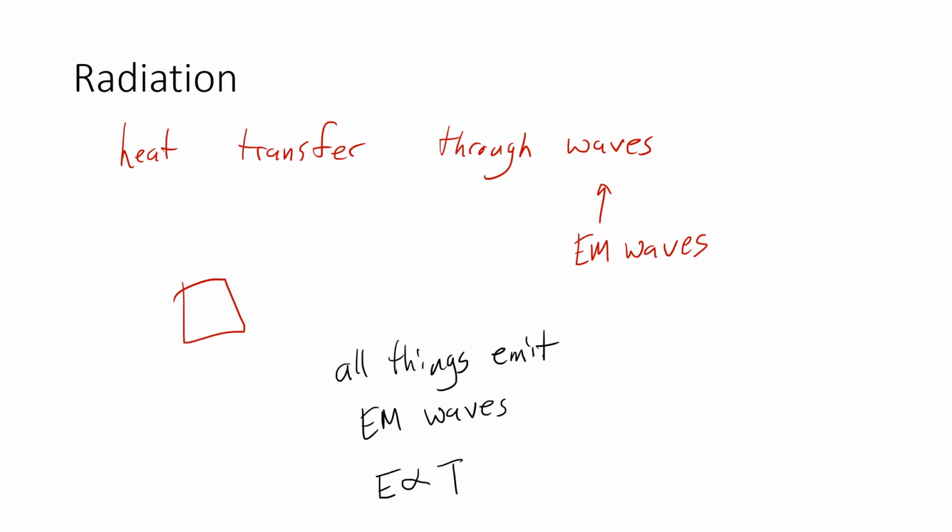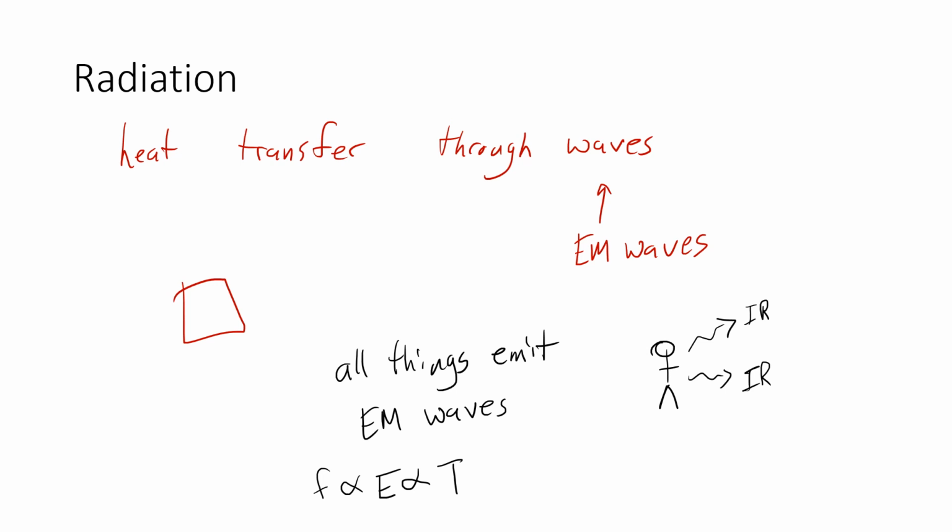So you are standing here, emitting waves out, but they're not in the visual spectrum, because remember, the energy of the wave is proportional to the frequency. So you have low frequency waves. You are right now emitting infrared waves. That's why if you put your hand close to something, you can feel the heat coming off of it. That's the radiation. It's infrared because you can't see it.